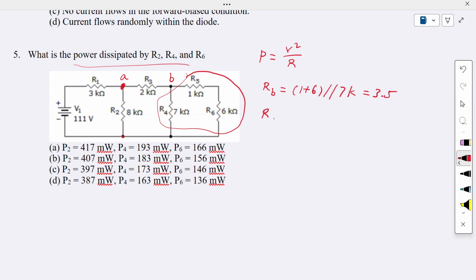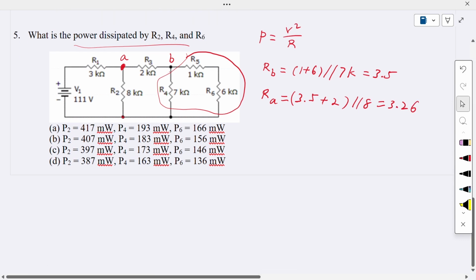So the RA network is equivalent to 3.5 plus 2K, in parallel with 8K. This gives us 3.26. Okay, so now we can redraw this circuit here.